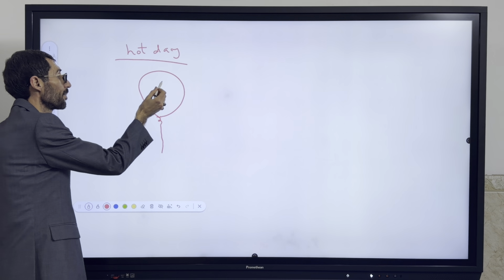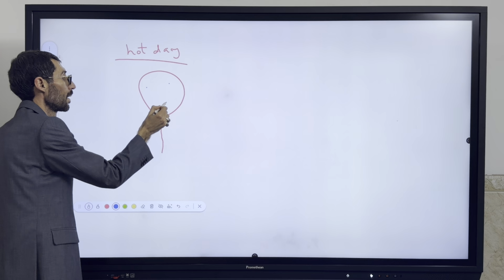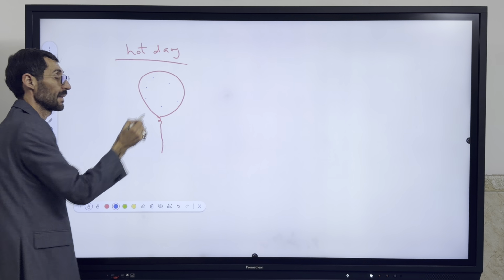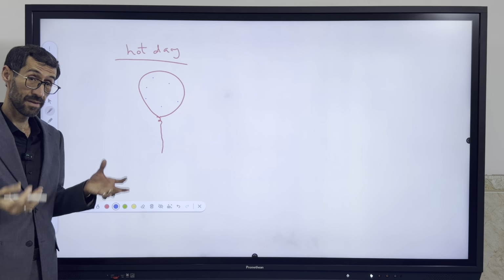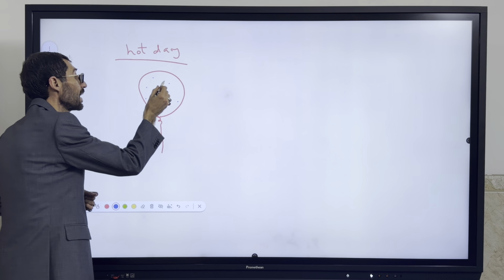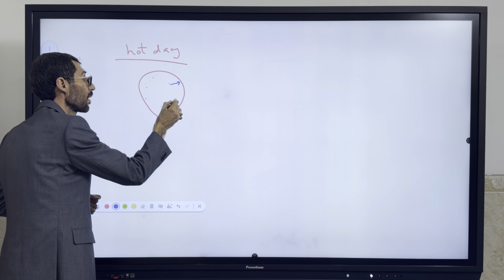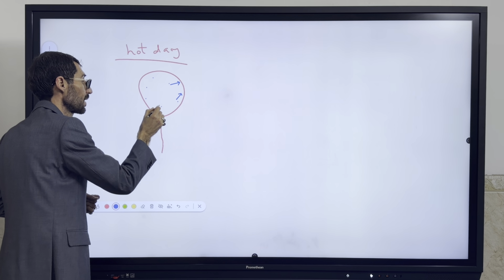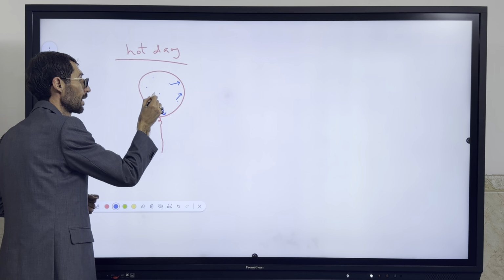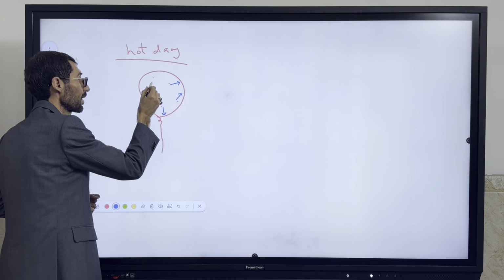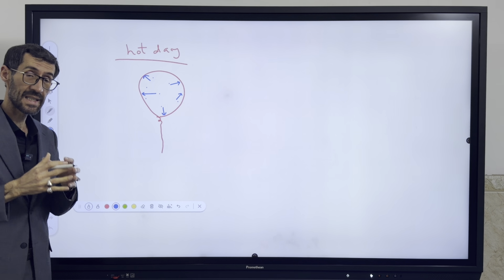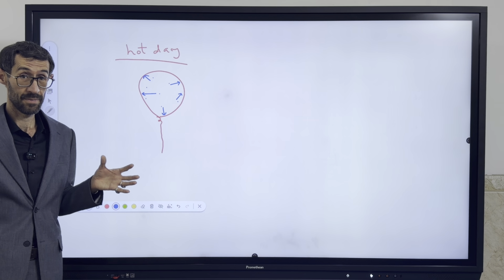What do you say about the actually particles inside the balloon? Particles are moving actually fast. They are moving very fast, and they push on the inner wall of the container with greater force. They push on the inner wall with greater force. That's why the size of the balloon increases.